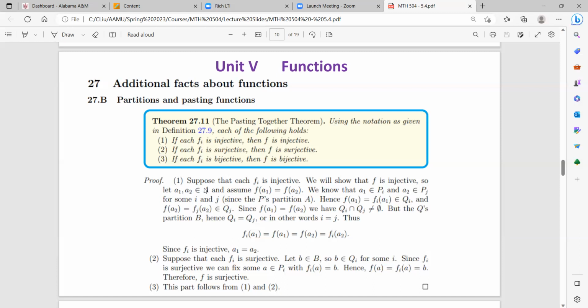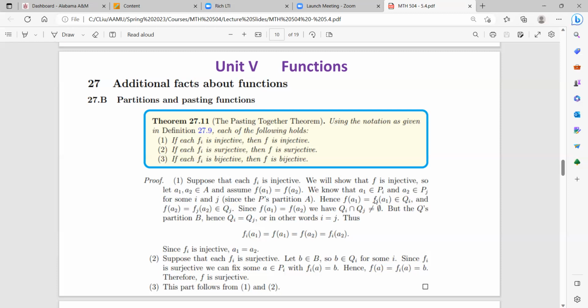Remember, partition means the subsets are disjoint. So then we get a1 from some Pi, a subset of A, and a2 from another subset Pj.